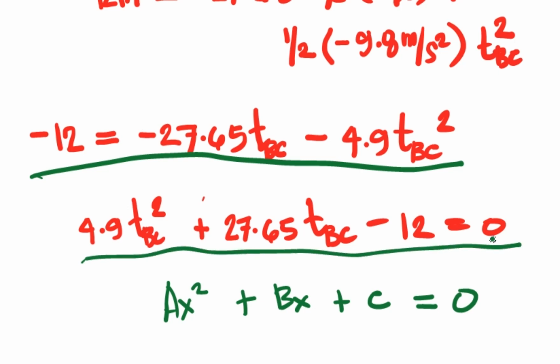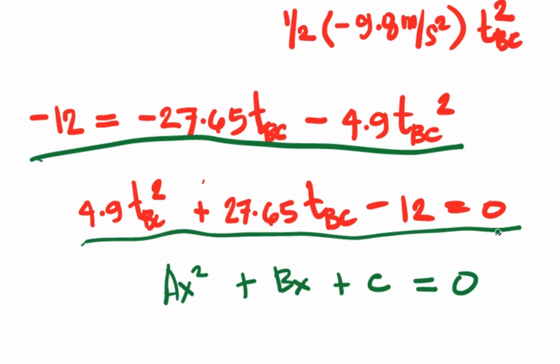We can solve this by using the quadratic formula, which is a longer solution, or we can just simply input it in our calculator. If you have an equation mode, if your calculator is 991 ES, then you just have to press mode 5 3. So mode, then 5, then 3.